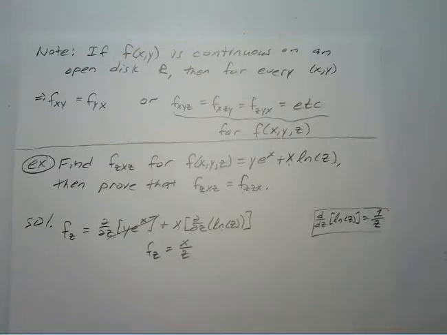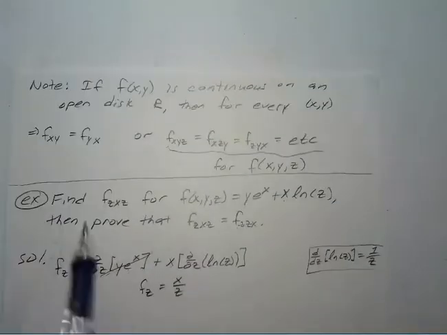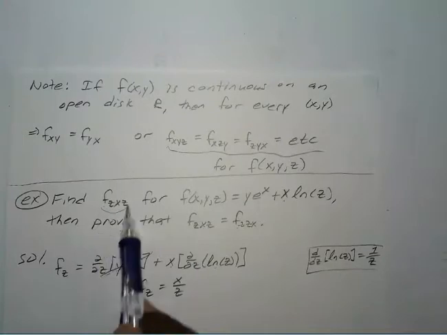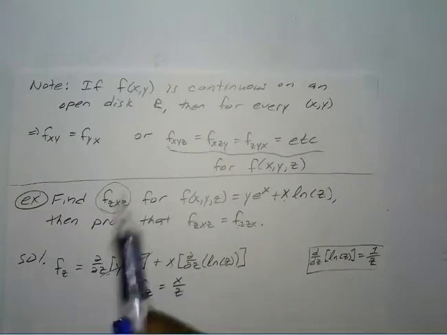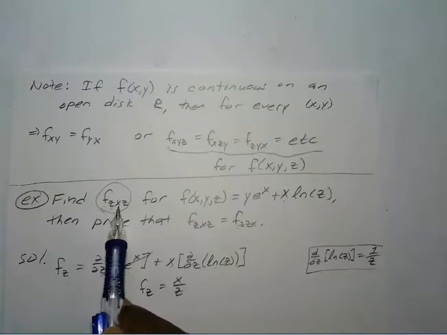Alright, so now we want to find the second part of our problem. We have the partial with respect to z, now we find that with respect to x.